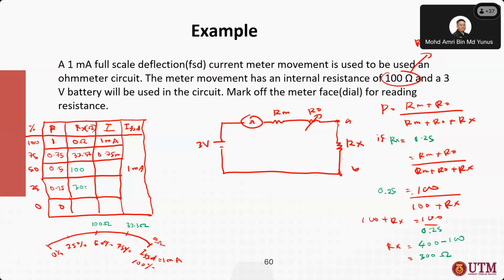So here is 300. So here we have 300 ohm.